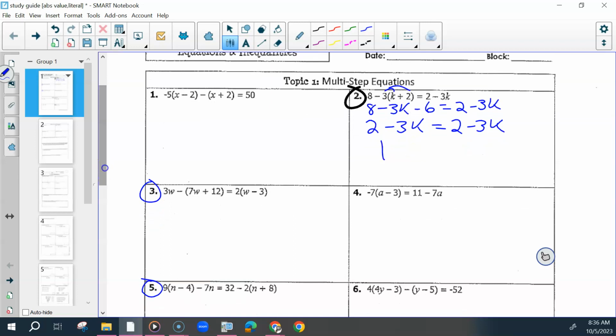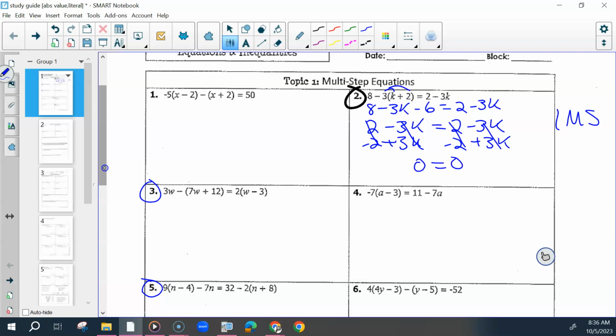Infinitely many solutions, yes. So if you see that, you could stop right there, say this is going to be IMS. If you would like to keep solving, you could also do that. So we could add 3k and subtract 2, and everything is everything.